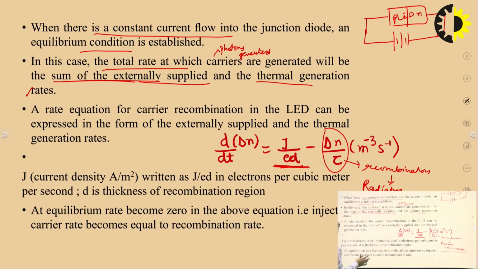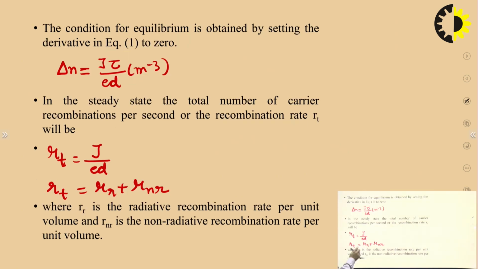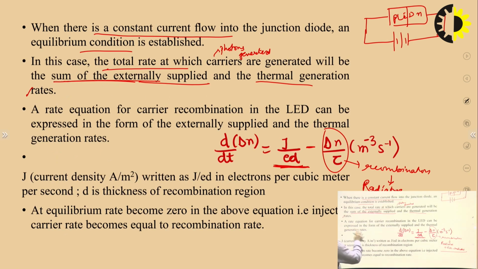Now see, for the steady state condition, जितने electrons you are providing उतने ही रिकम्बाइन कर रहे हैं. मीन्स the rate of change of electron density with respect to time, d delta n by dt, will become equal to 0.